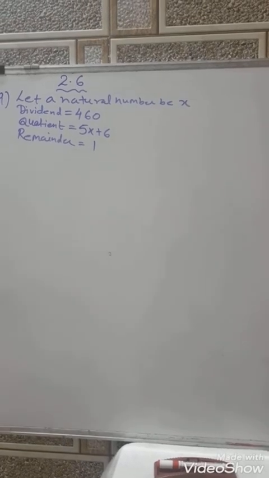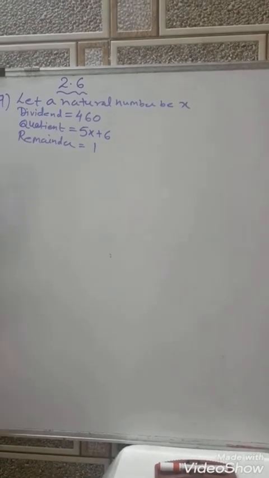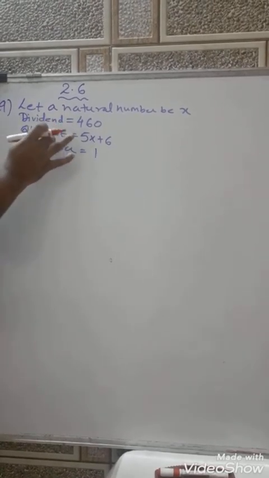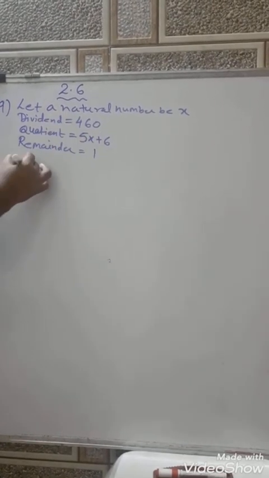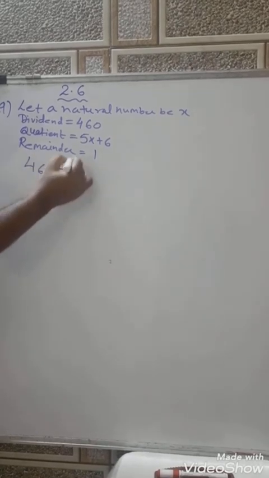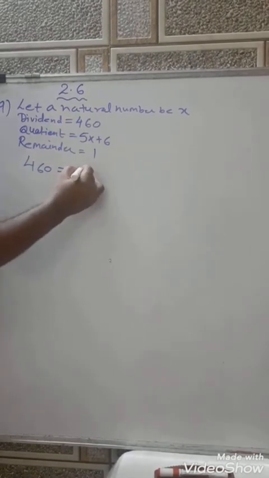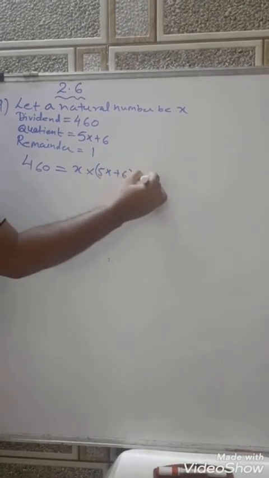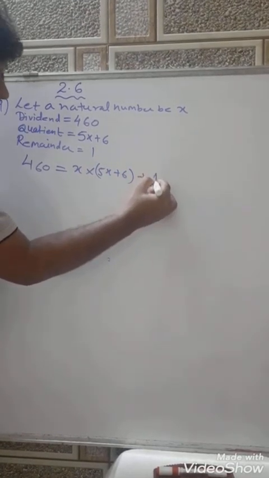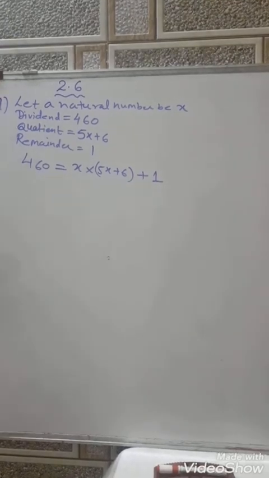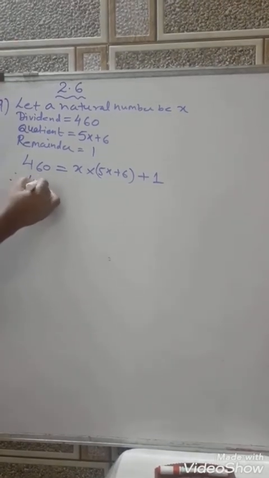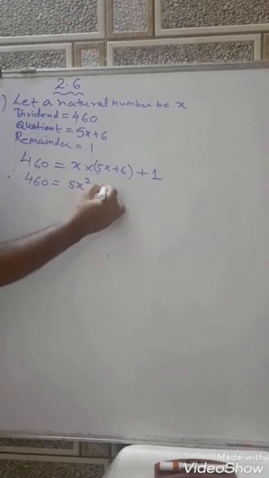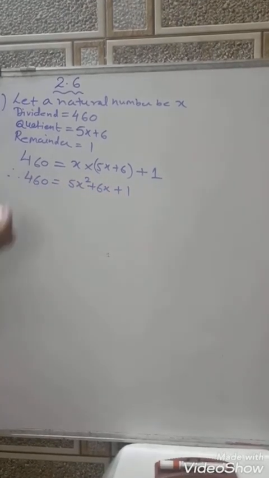So we know the formula: dividend equals divisor into quotient plus remainder. So 460 equals x into 5x plus 6, plus 1. So 460 equals 5x square plus 6x plus 1.